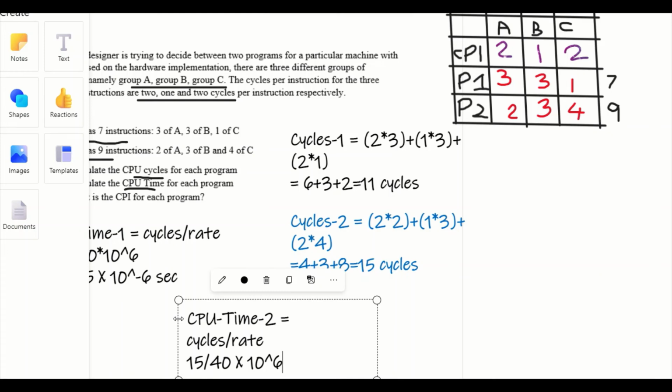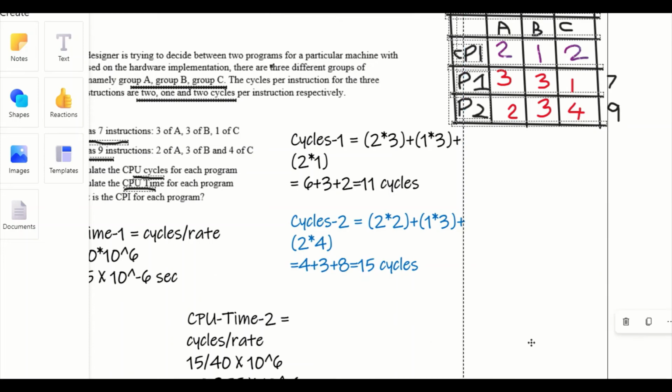So that is equivalent to 15 divided by 40, so let's say it's 0.375. The 10 power 6, when it goes up to the numerator, becomes 10 power minus 6. That's it. Seconds. You need to write the unit.